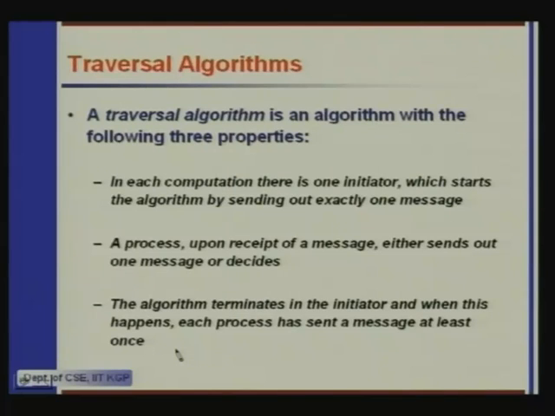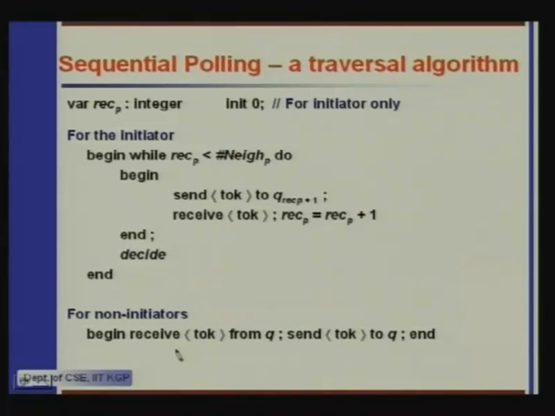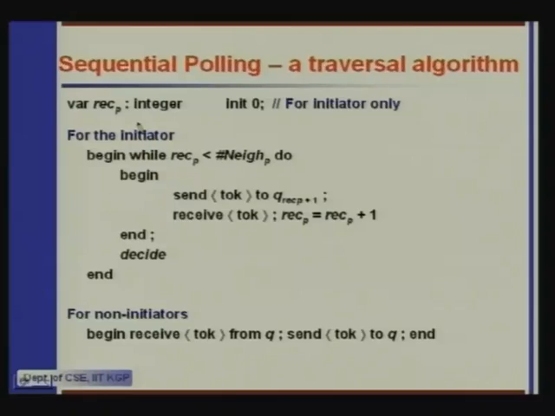Now, let us see an example, it will become clearer as we look at examples of this algorithm. Sequential polling. In this algorithm, a node sequentially polls each other node, right. Instead of the echo algorithm where we sent out a wave, here we are going to sequentially poll, right. So, for the initiator, again we keep a count of the number of tokens received, RECP.